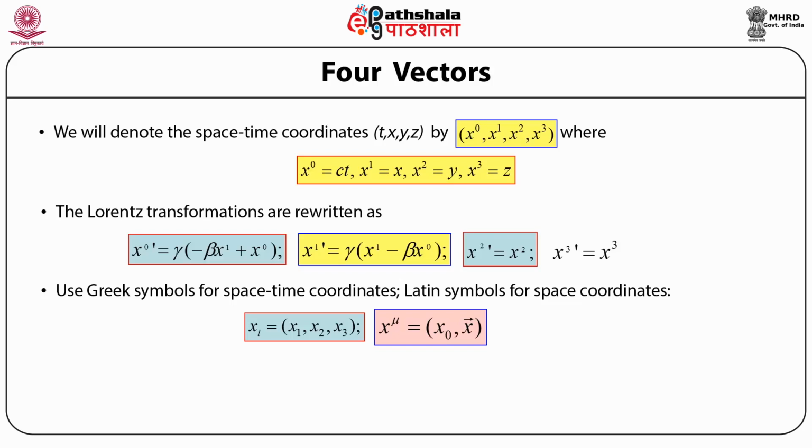So basically here what we see is that x^μ will have μ taking the values 0, 1, 2 and 3. So x⁰ is equivalent to x₀ or ct, and x¹, x² and x³ denote the position vector x.